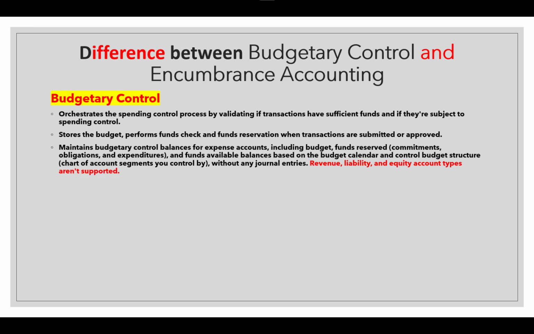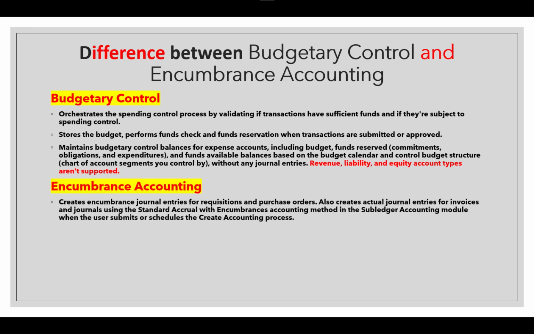Encumbrance accounting is just for creating encumbrance journal entries for requisitions and purchase orders as a procure to pay cycle. It also creates actual journal entries for invoices and journals using the standard accrual with encumbrance accounting method in the Subledger Accounting module.